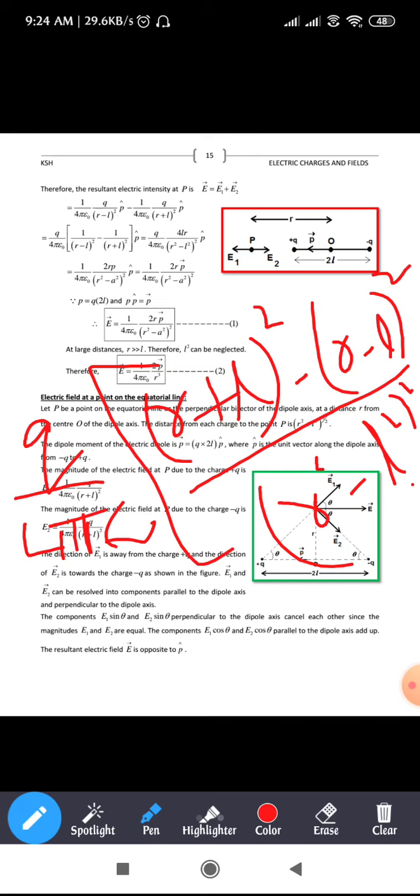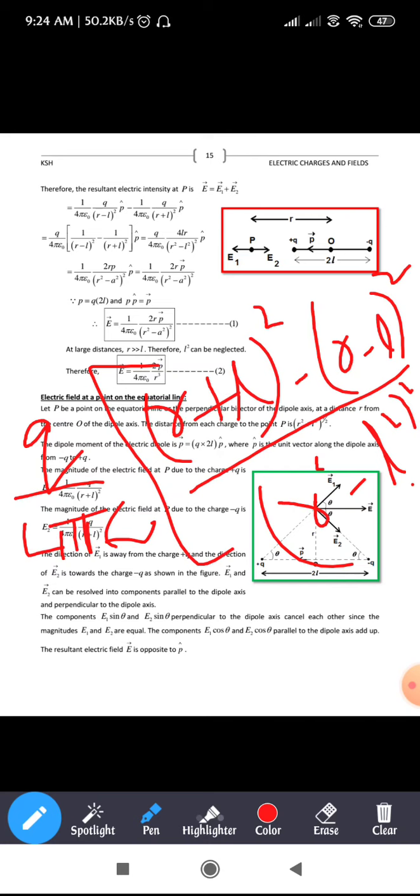Next, in the numerator you have (r plus l) whole square minus (r minus l) whole square. Both are in which form? (r plus l) whole square is in the form of (a plus b) whole square, and (r minus l) whole square is in the form of (a minus b) whole square. Expanding (a plus b) whole square gives a square plus b square plus 2ab, so (r plus l) whole square comes out to be r square plus l square plus 2rl.